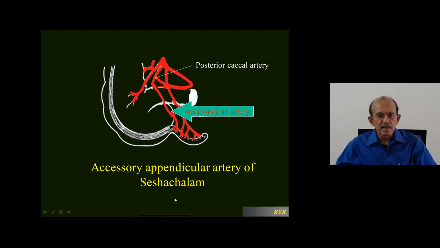He described this artery, so it goes by his name. In many of the medical colleges in Andhra Pradesh, this particular specimen will be there: the cecum with appendix and the accessory artery of Seshachalam.